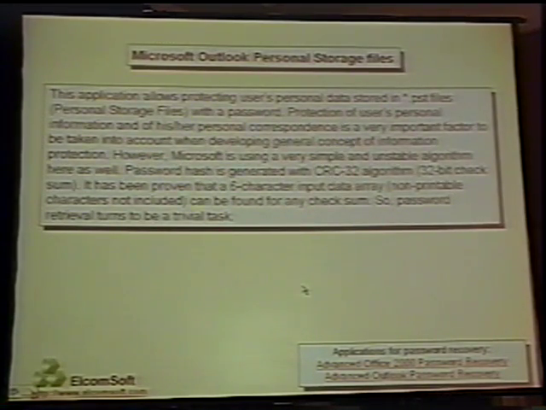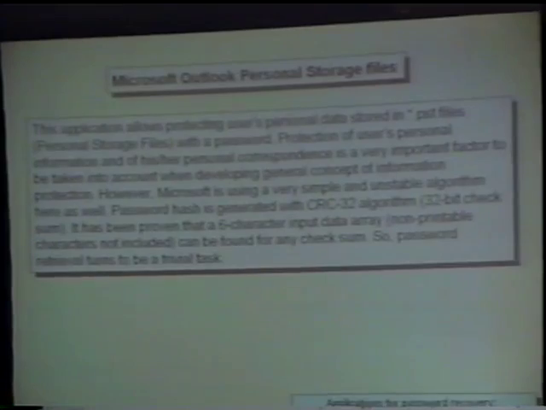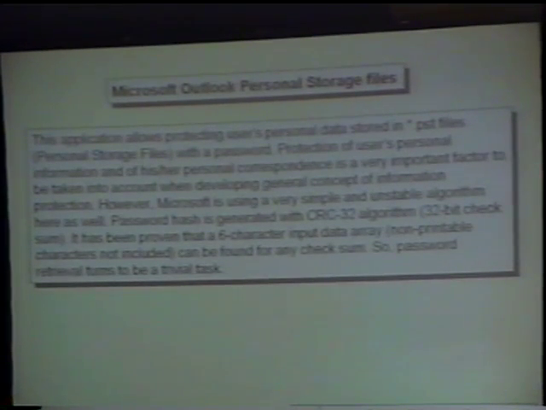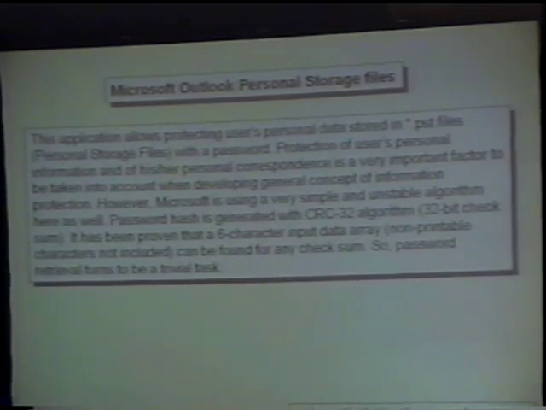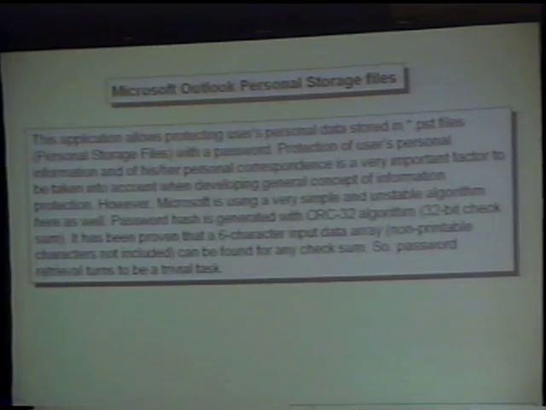Now some words about Microsoft Outlook. Microsoft Outlook allows protecting users' personal data stored in PST files with a password. Protection of the user's personal information and personal correspondence is a very important factor to be taken into account when developing a general concept of information protection.